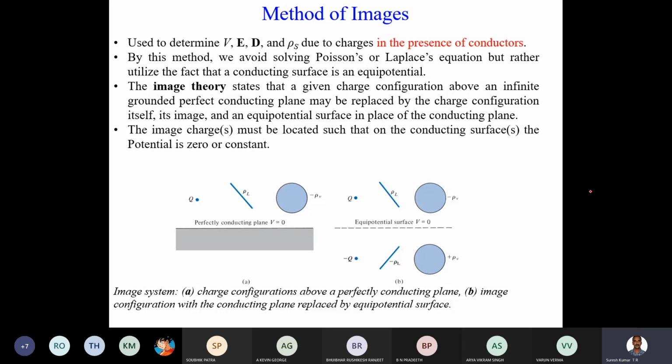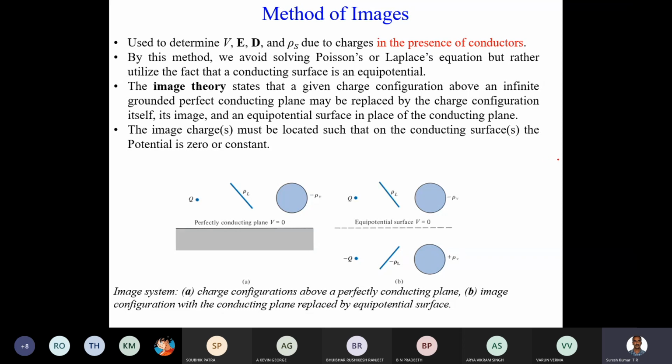But it's not applicable to all problems. It's restricted to problems where an infinite metal plane exists and above which some charges are present. If you are asked to calculate the electric field or potential, then you can use this method called method of images.